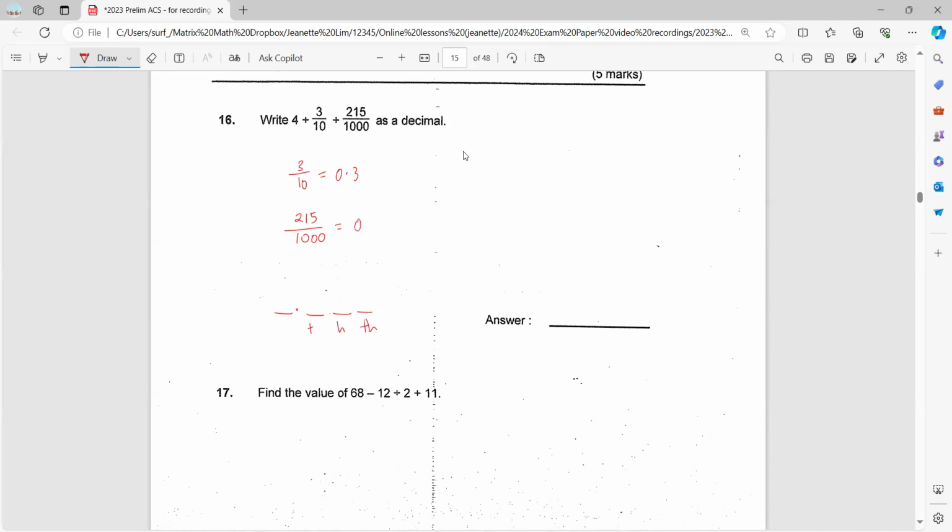So you start from the thousandths place. Add them up. So you will get the tenths place add up. So 4.515.